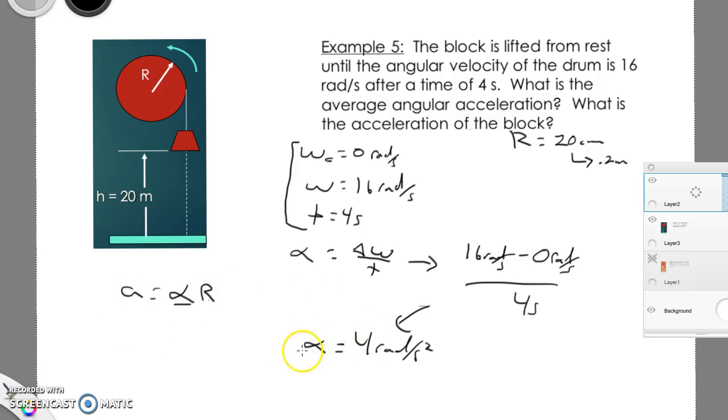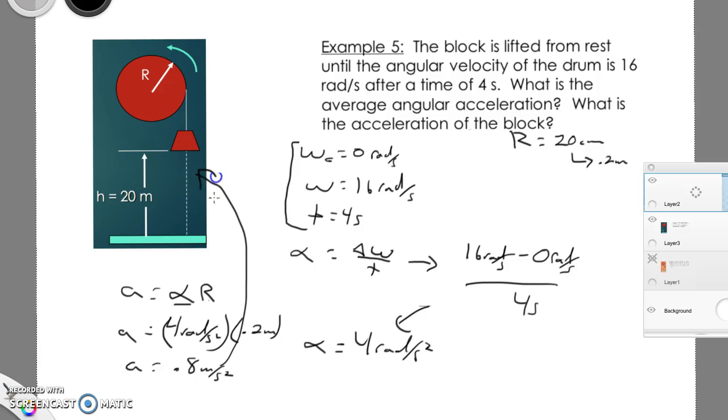So if we have an angular acceleration of 4 radians per second squared, and we multiply by our radius of 0.2 meters, that's going to give us an acceleration of 0.8 meters per second squared for the acceleration of the block.